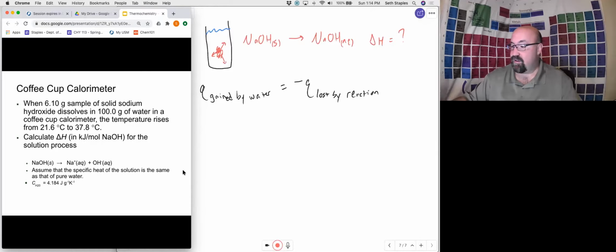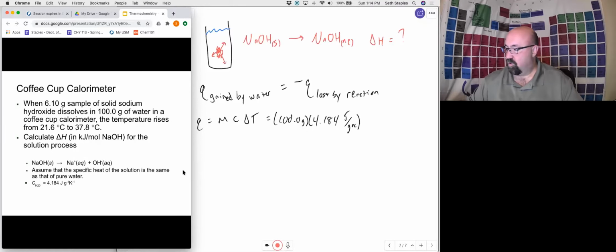And so let's calculate our heat gain by the water. Q equals MC delta T. We know how much water we have. We're told that we have 100.0 grams of water. Our C of water, 4.184 joules per gram degree C. Our temperature change of the water ends at 37.8 from 27.6.